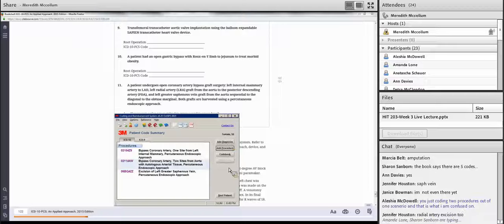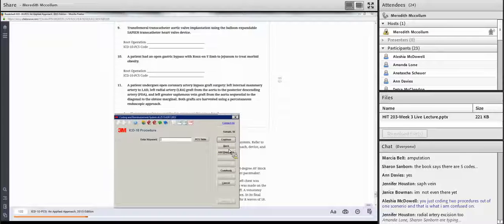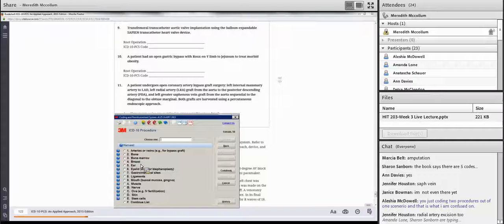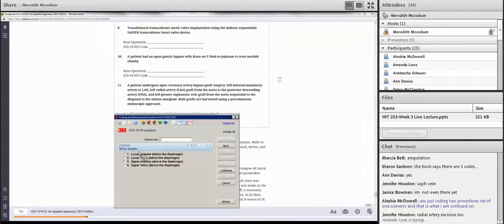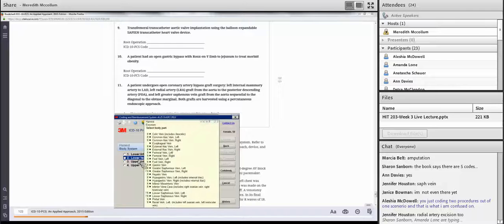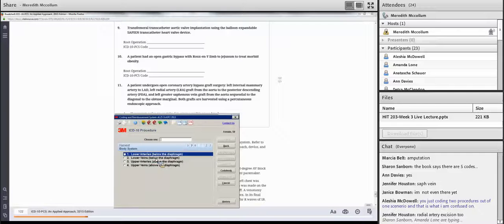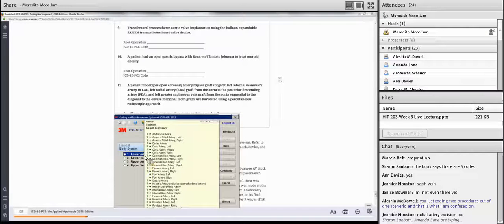So we have excision of the left greater saphenous vein. We also have harvest of the left radial artery. Do we have left radial, radius ulna?